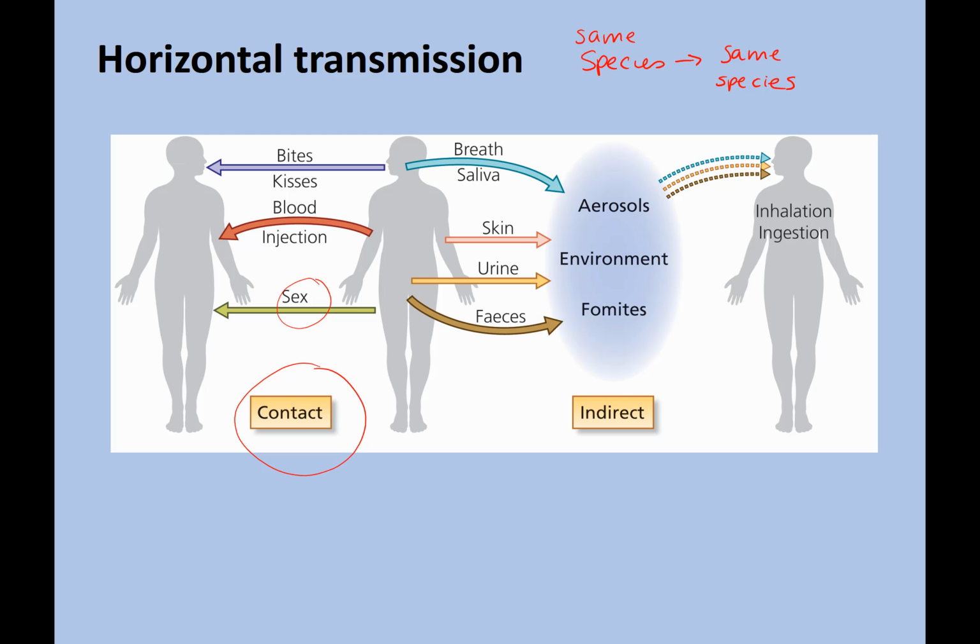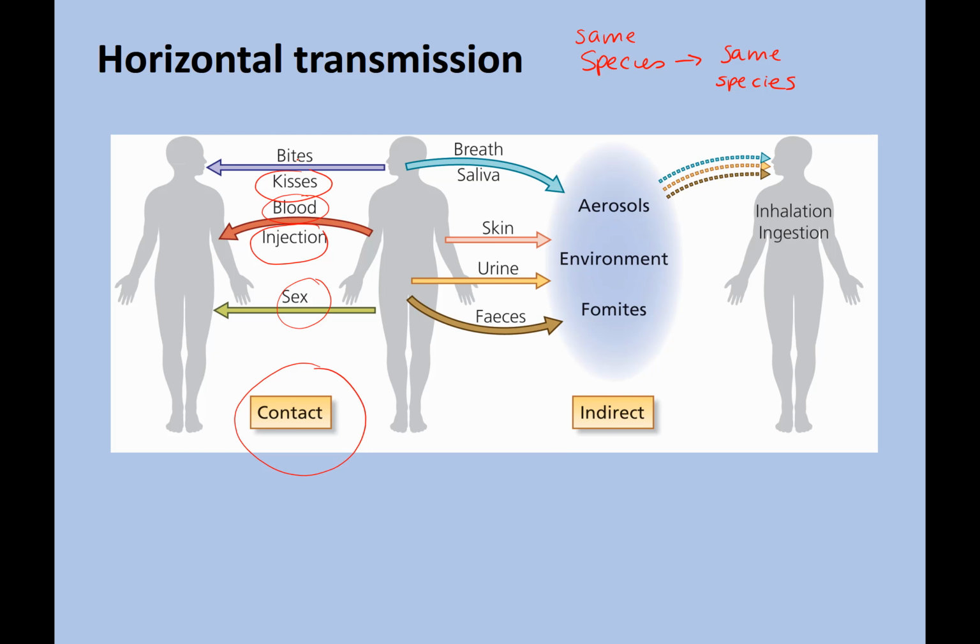You can transmit through blood, things like Ebola and HIV. Injection, that's really talking about sharing needles. Kissing, so Epstein-Barr virus was always called the kissing virus. So there's virus in your saliva.